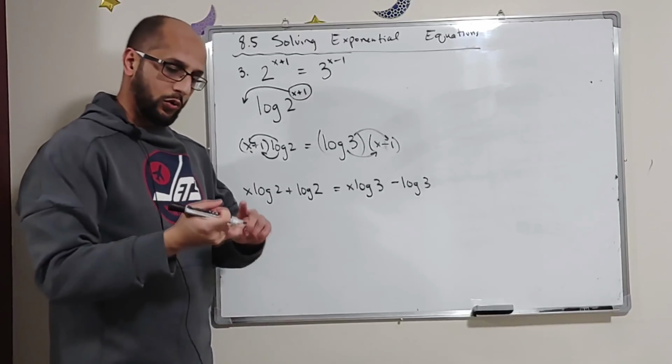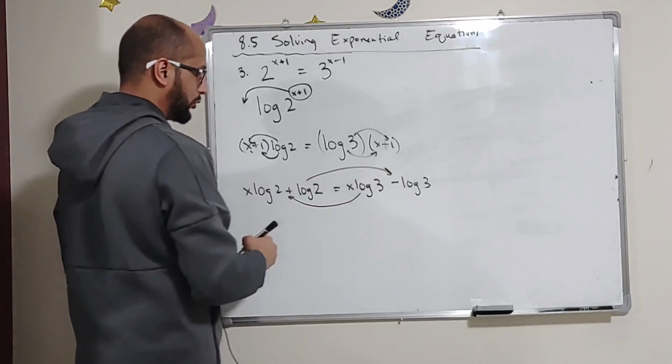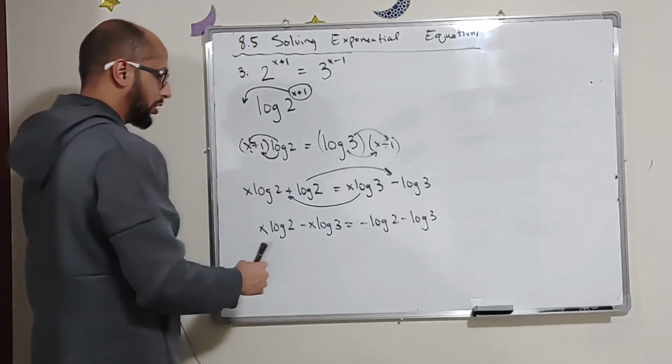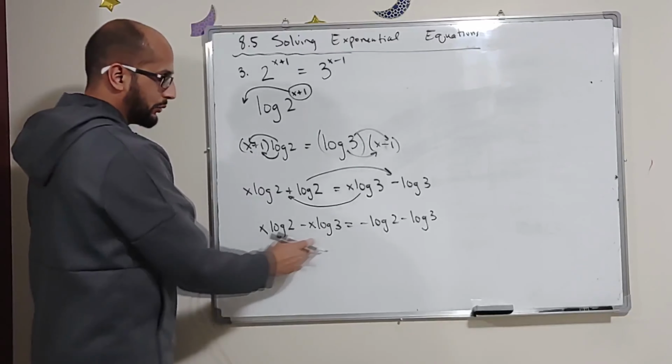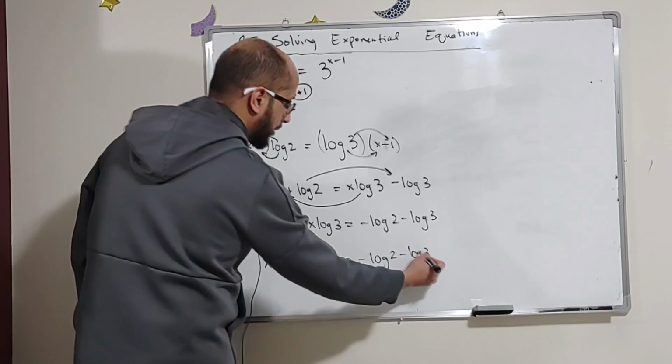What that means is I want to bring my x's to one side and move everything else to the other side. So here I'll have x log 2 minus x log 3, and that's equal to negative log 2 minus log 3. From these two, I can factor out an x. I'm left with x times log 2 minus log 3 is equal to negative log 2 minus log 3.